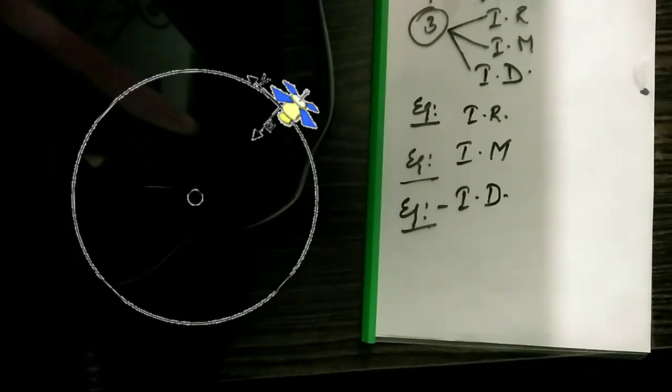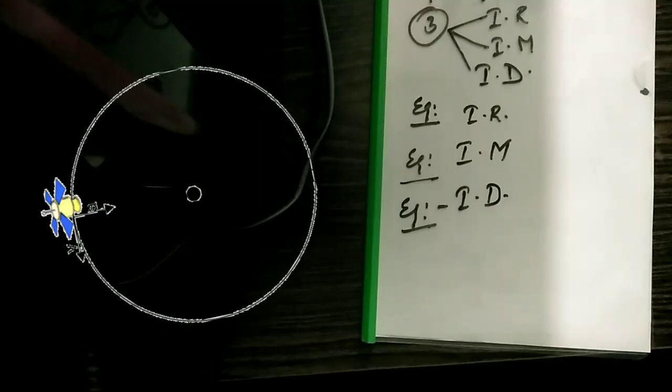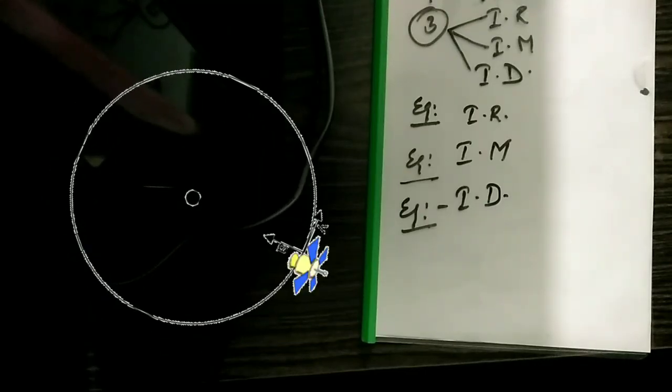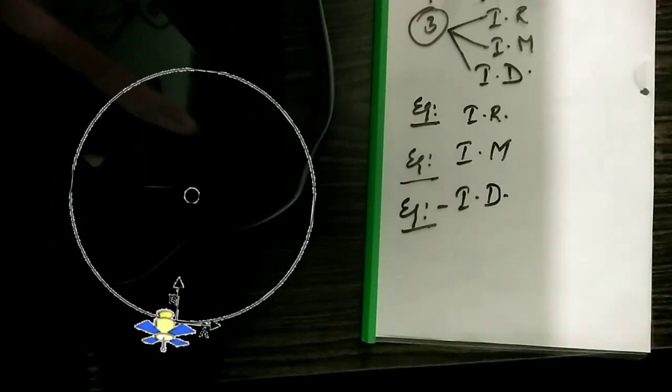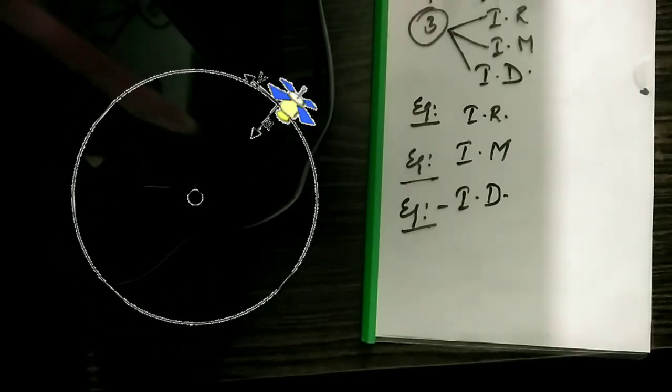So it does not go in a circle but goes straight. This is called inertia of direction.